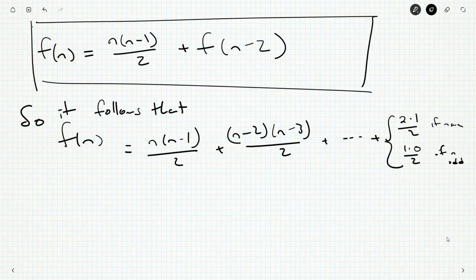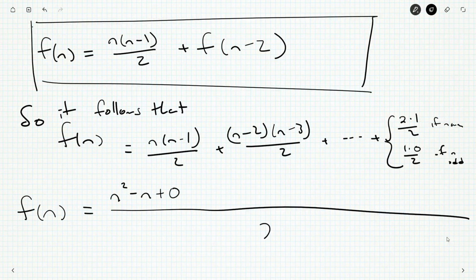So Fn is equal to n squared minus n plus 0, plus n squared minus 5n plus 6, plus n squared minus 9n plus 20.